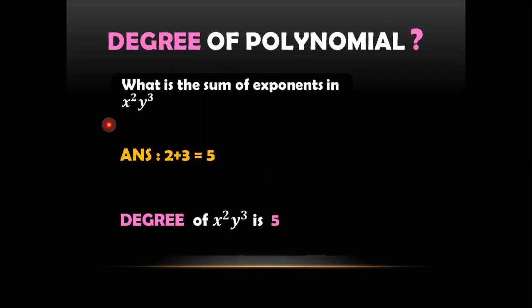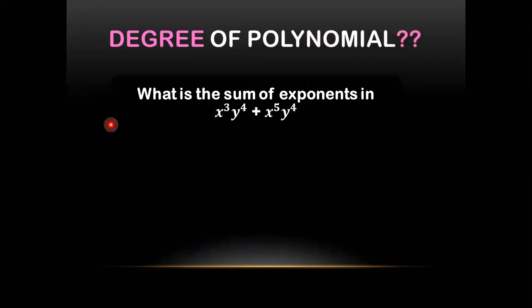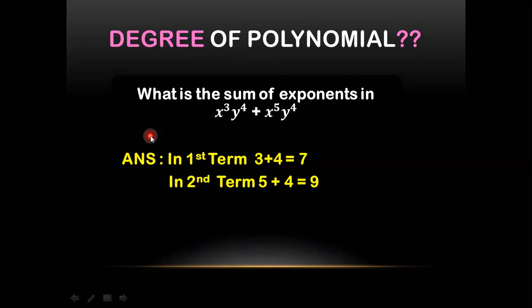Let's see another example. For example, we have a binomial, x cubed by 4 plus x5 by 4. Here the sum of exponents is 3 plus 4, 7. And here the sum of exponents is 5 plus 4, 9. So separately, in first term it is 7 and second term it's 9. So what will be the degree of this polynomial?